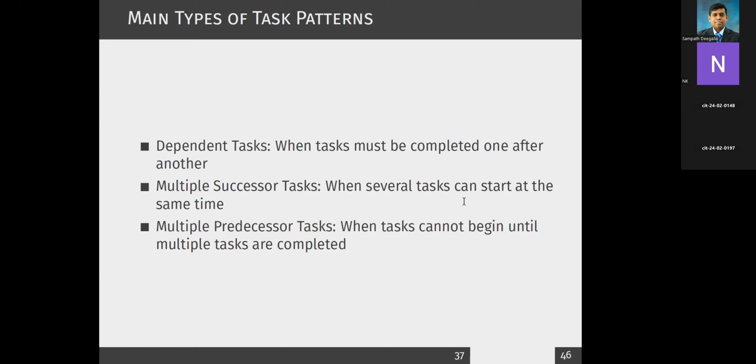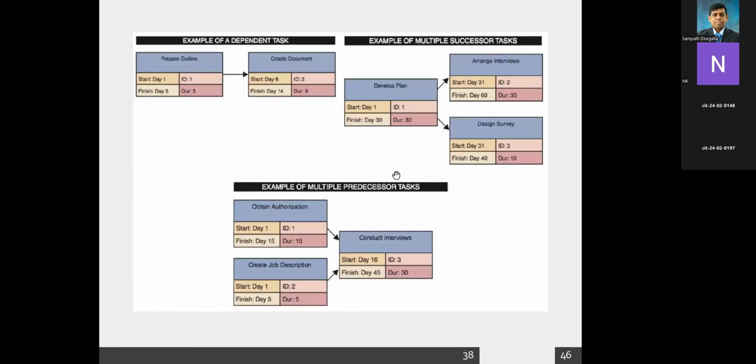So let me show you this graphically. What you see is a dependent task. You can see we have a first task, prepare outline. It takes 5 days. Start with day number 1, finish with day number 5. Then it starts the next one, create document.